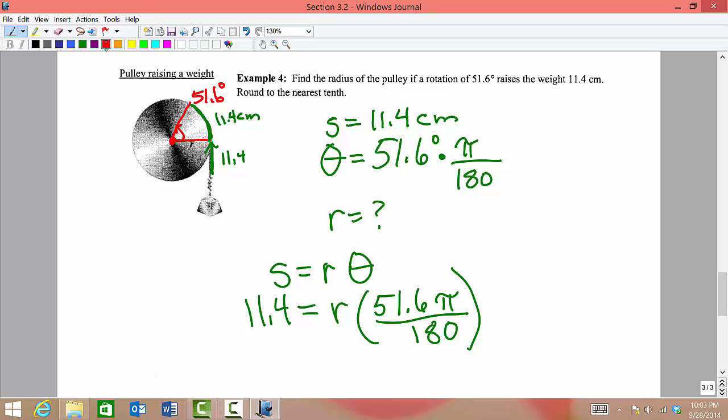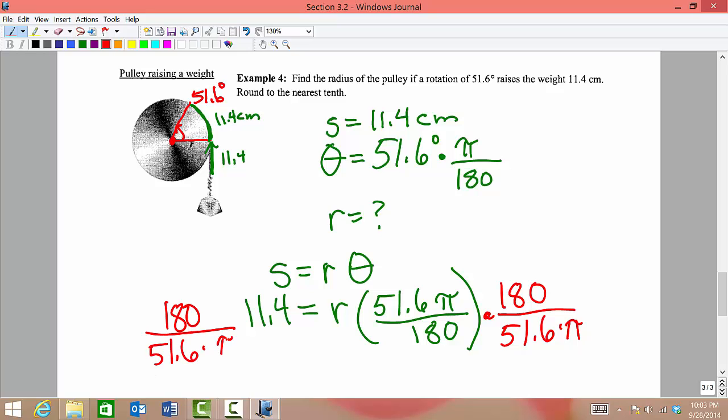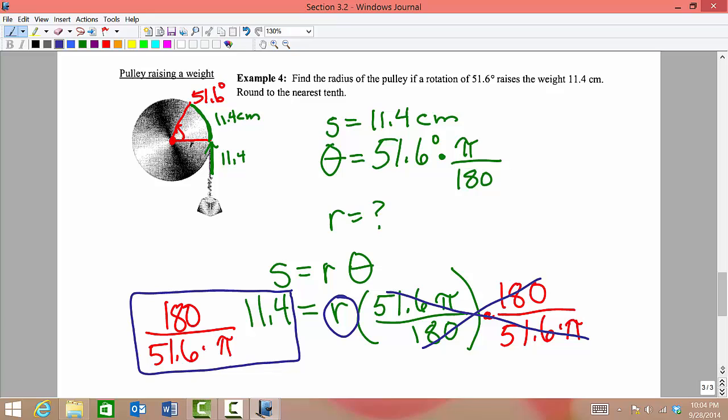Now we need to solve for r, so we're going to multiply both sides by the reciprocal of this fraction. And when we do that, the 180s cancel, 51.6 pi cancels, and we're left with r is equal to, and this now will be what we put into our calculator.